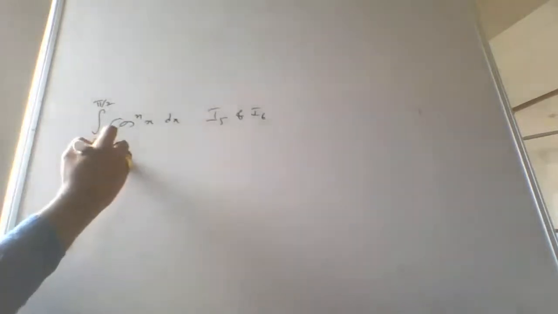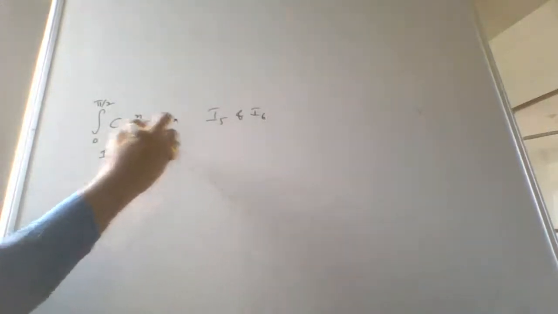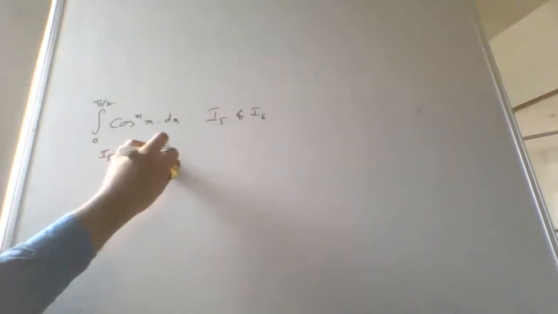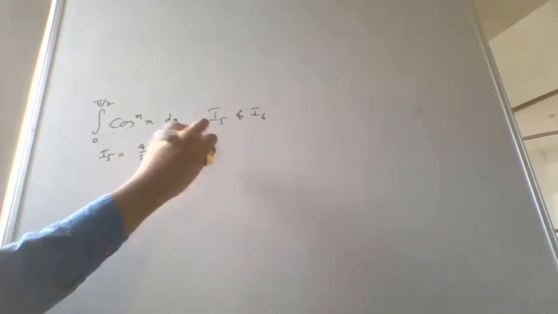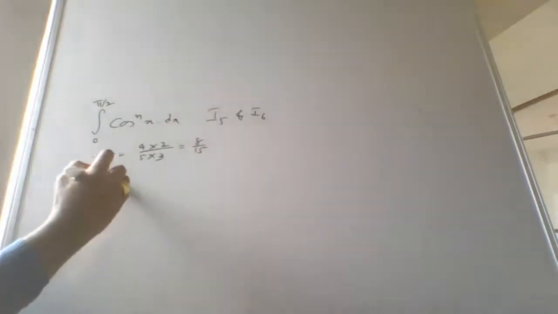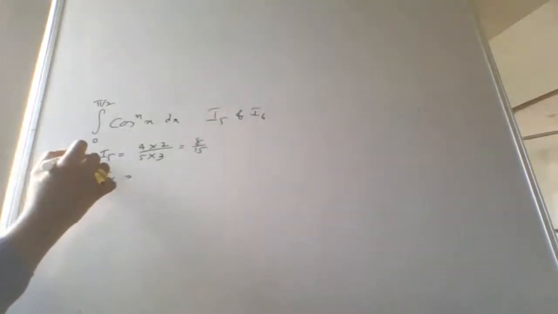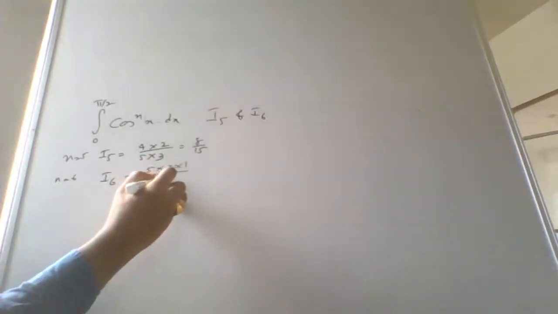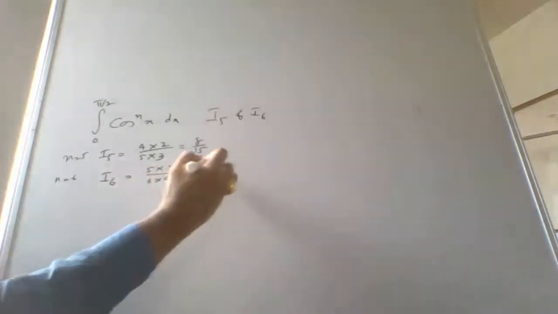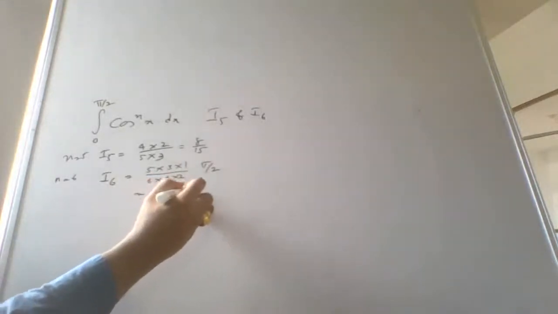I5 will be 4 into 2 divided by 5 into 3, which is 8 by 15. I6 would be, now here you had n as odd, here n as even. So that would be 5 into 3 into 1 divided by 6 into 4 into 2, into pi by 2. So this results to 5 by 32 into pi.